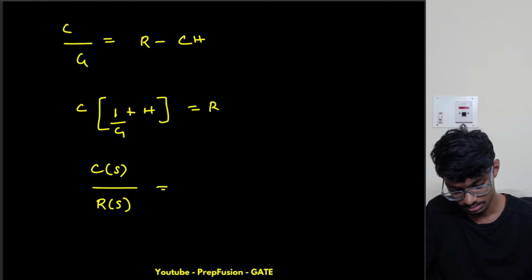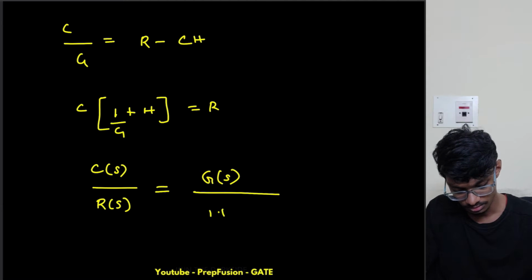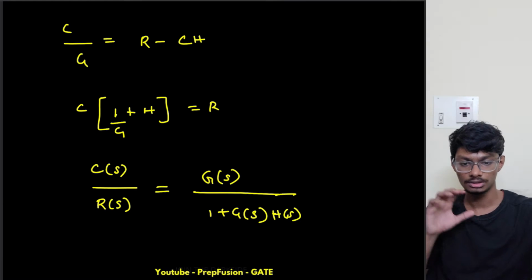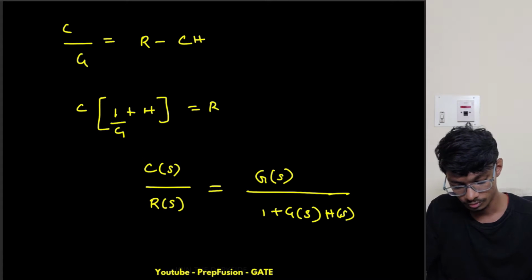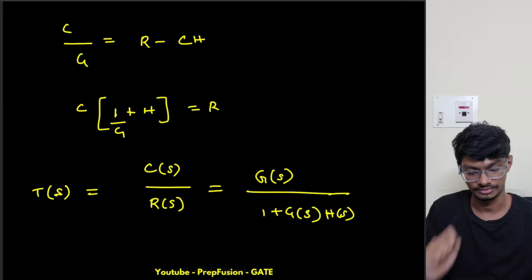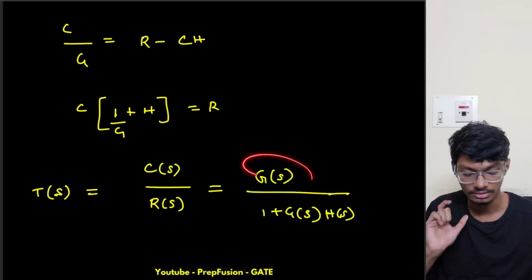It is G of S upon 1 plus G of S into H of S. Okay, so this is the value of our transfer function for a closed loop system which has a feedback path gain of H of S and a forward gain of G of S.